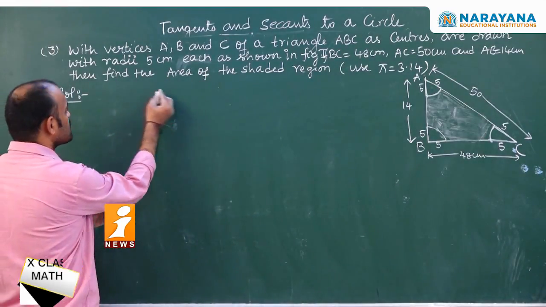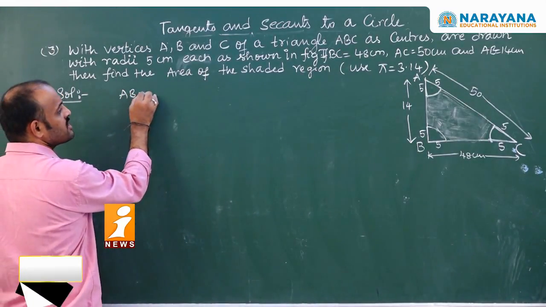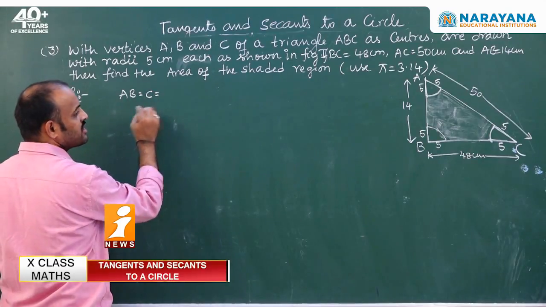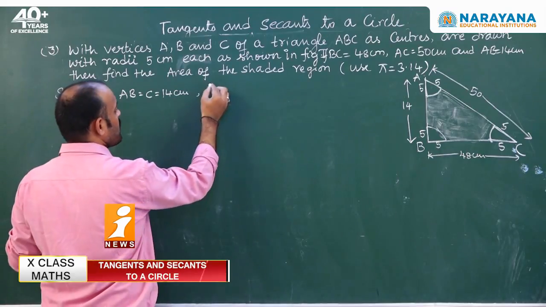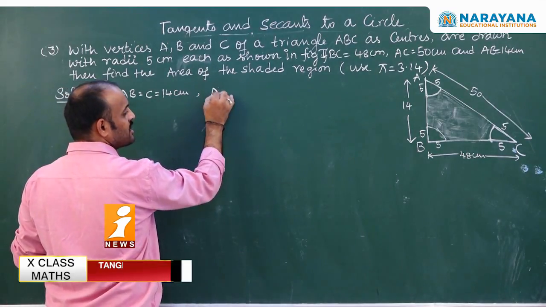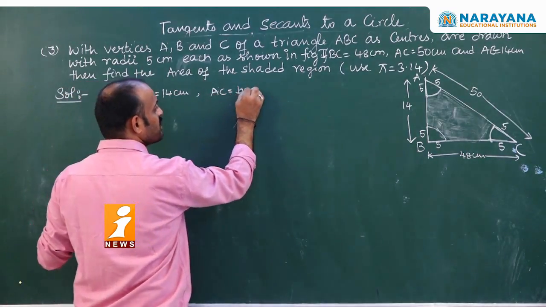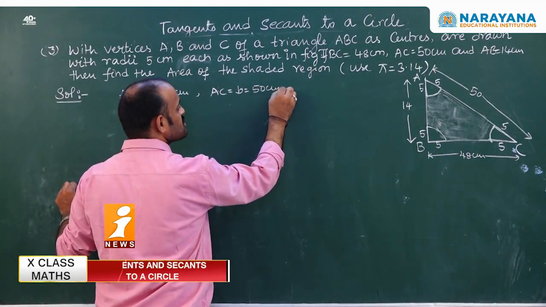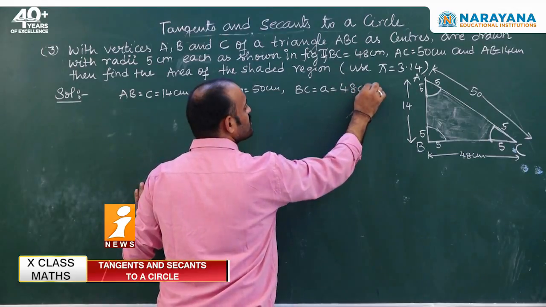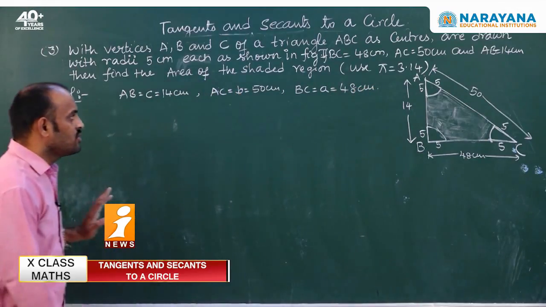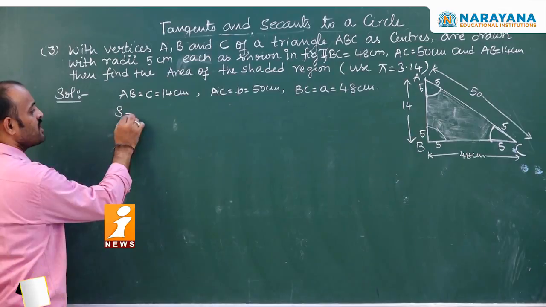He has given us AB equals small c, which is 14 centimeters. AC equals small b, which is 50 centimeters. BC equals small a, which is 48 centimeters. First I need to find the semi perimeter.